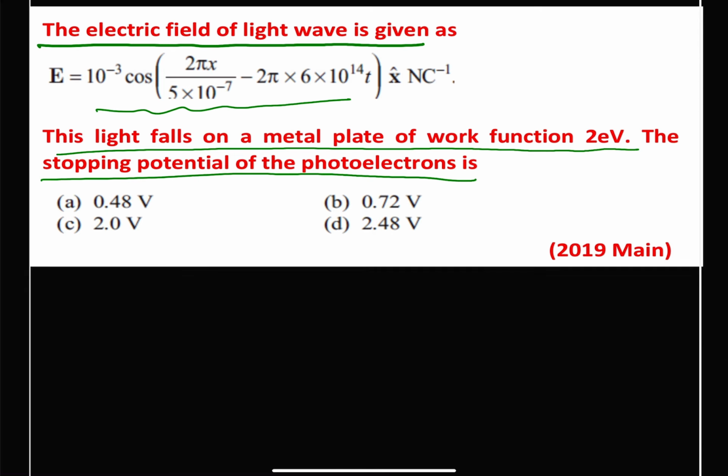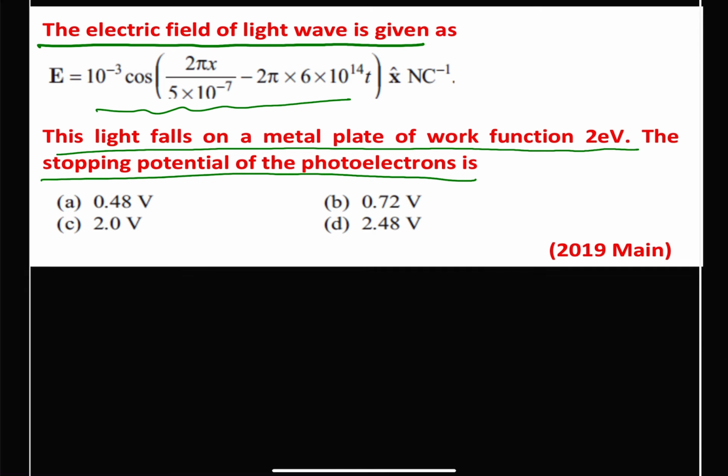So our electric field equation is E equal to E naught cos of kx minus omega t.